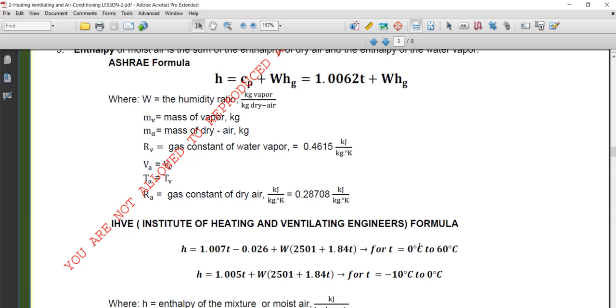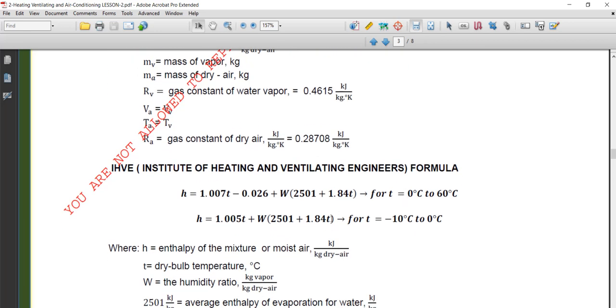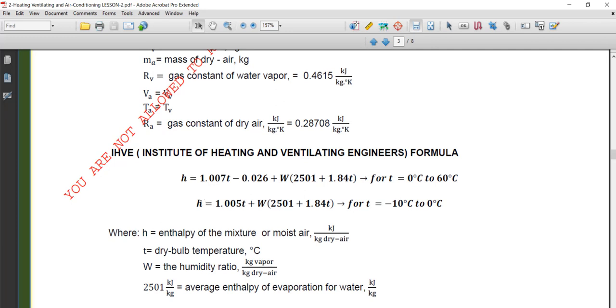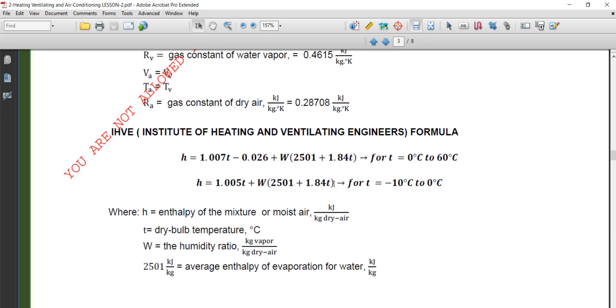This is for temperatures from 0 degrees to 60 degrees. Then we have also 1.005 times the temperature plus the humidity ratio times (2501 plus 1.84 times the temperature), for dry bulb temperature from -10 to 0 degrees Celsius.